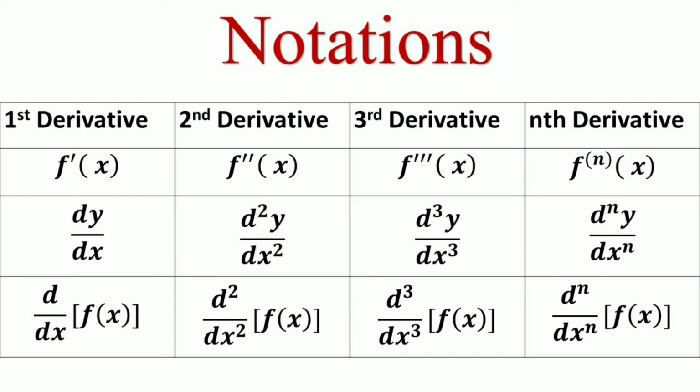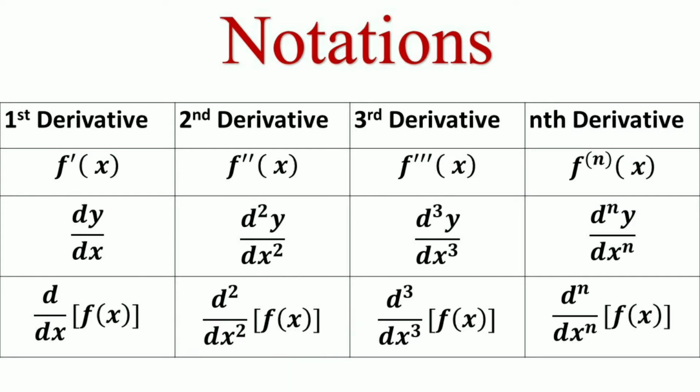For example, in the case of a simple derivative, that is the first derivative, it can be represented as f prime of x or dy dx, or d dx of f of x. Similarly, for the second order derivative, we write f double prime of x, d square y by dx square, or d square dx square of f of x.